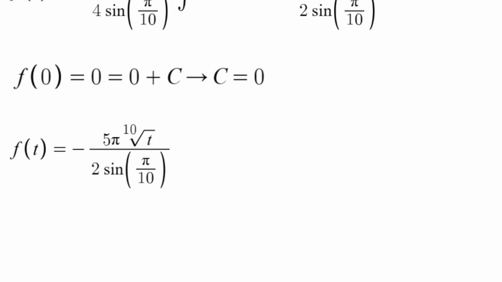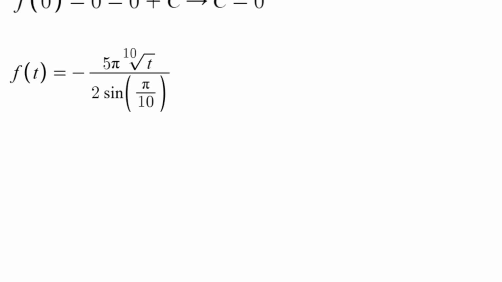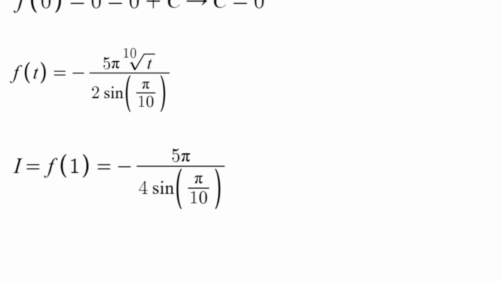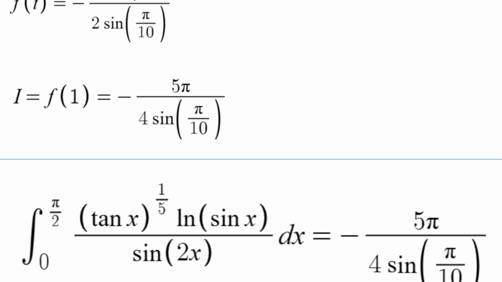I meant to write t to the 1/10th, but I guess the 10th root of t will work also. Okay, so I is equal to f of 1. So if we plug in 1 for t, we just end up with this, and that's the answer to our integral. Therefore, this integral is equal to negative 5 pi over 4 times sine pi over 10.